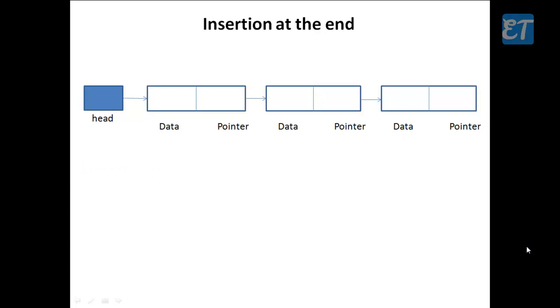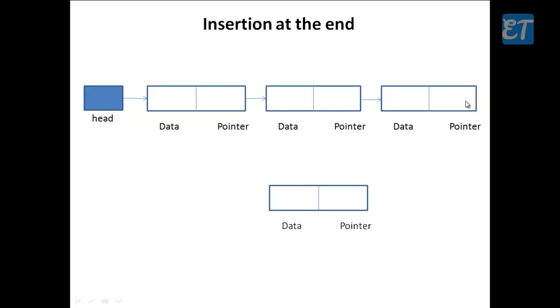Insertion at the end. Here we have a linked list in which we can see 3 nodes. Now we need to insert a new node. Suppose this is the new node, and we need to insert this as the last node of this singly linked list. For that, we need to traverse from the head to the last node. How can we check that? We first go to head, where we find the address of the next node, and from that node we get the address of the next node, and then the next.